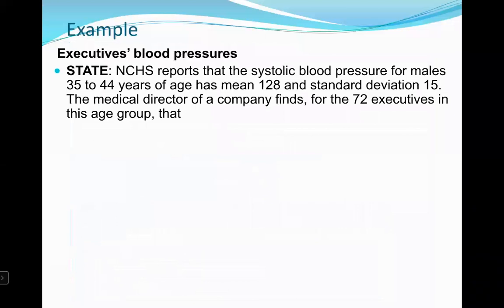Executives' blood pressures. State the problem. NCHS reported that the systolic blood pressure for males 35 to 44 years of age has a mean of 128 and standard deviation 15. The medical director of the company finds that for 72 executives in this age group, x bar, the mean, is 126.7.